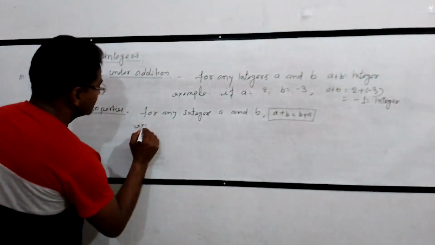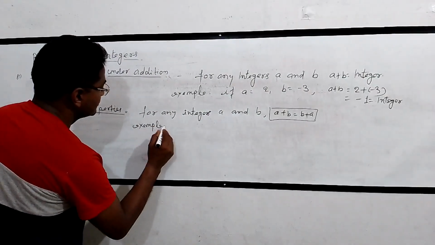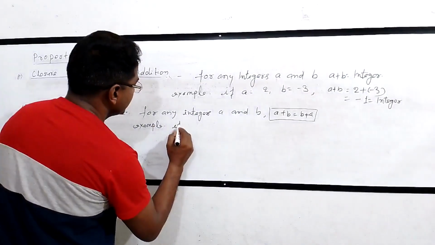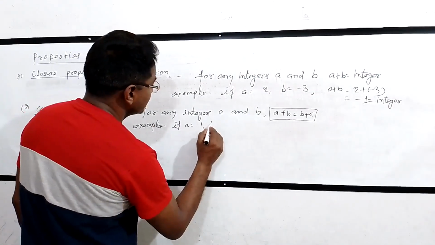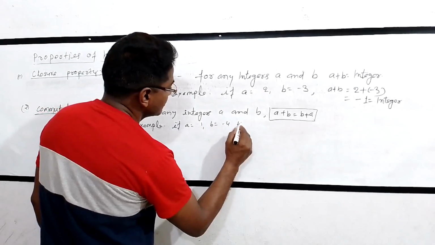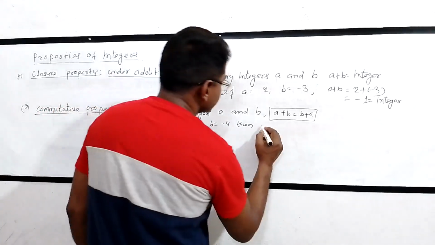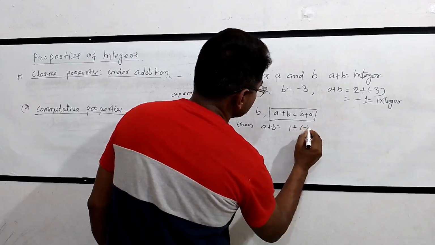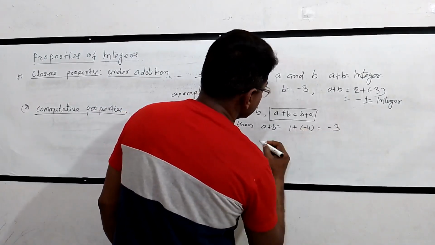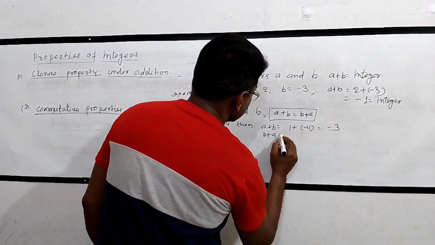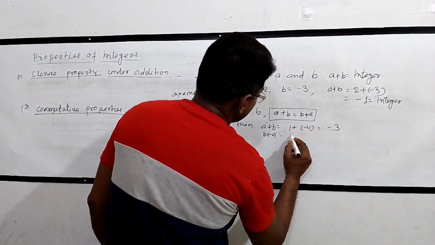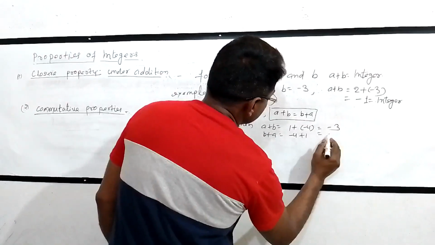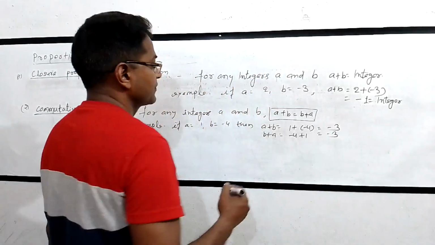Example: if a is equal to 1 and b is equal to minus 4, then a plus b is equal to 1 plus minus 4, which is equal to minus 3. b plus a is equal to minus 4 plus 1, which is equal to minus 3.